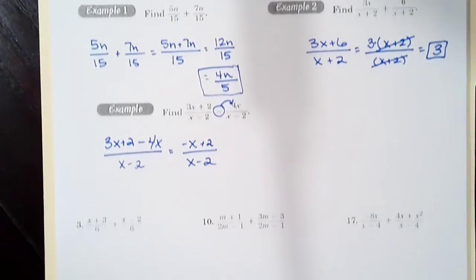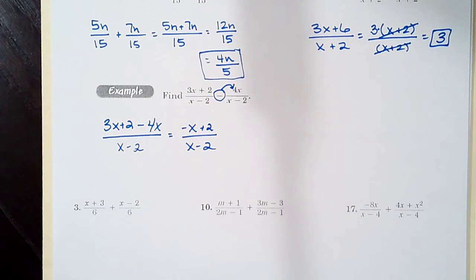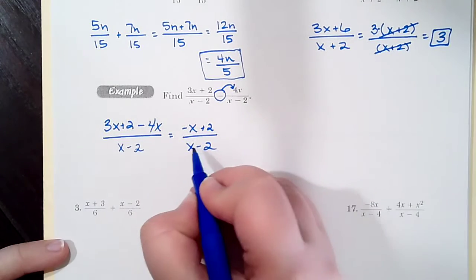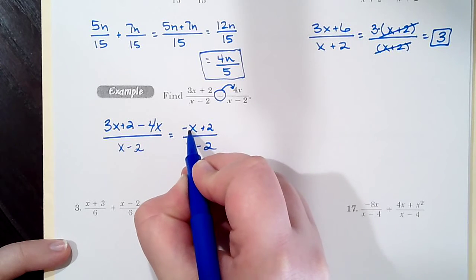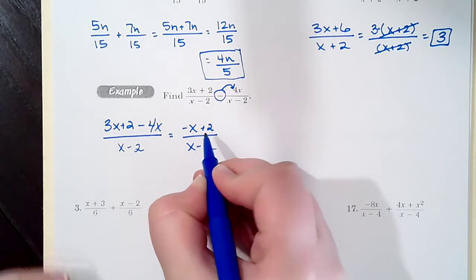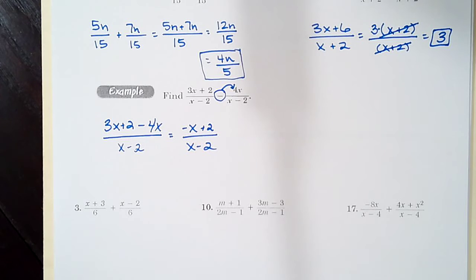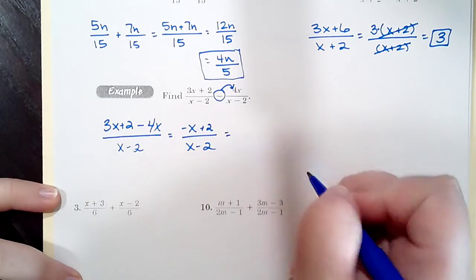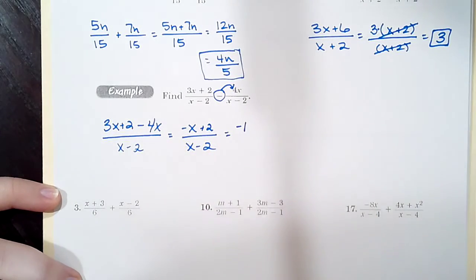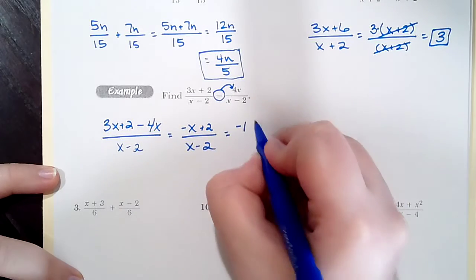All right, that looks pretty good, except those look really close, and it'd be really nice if there was a way for me to simplify it. In fact, it'd be really nice if this had an addition sign in front of it and that had a subtraction sign in front of it. I wonder if there's a way to change both of those signs. Well, let's try this. Let's factor out a GCF of -1.